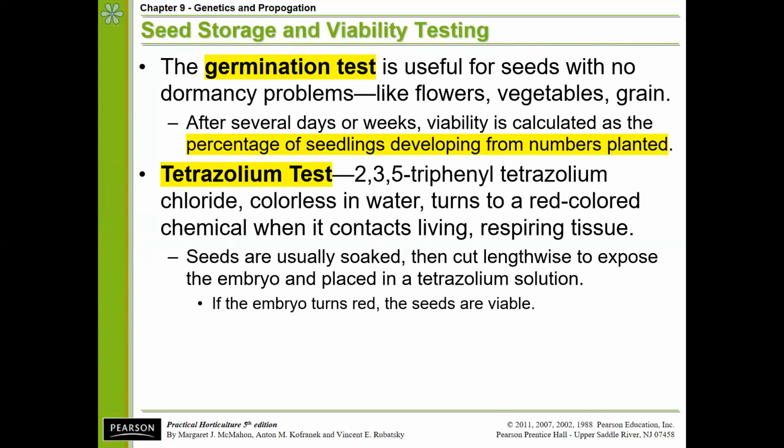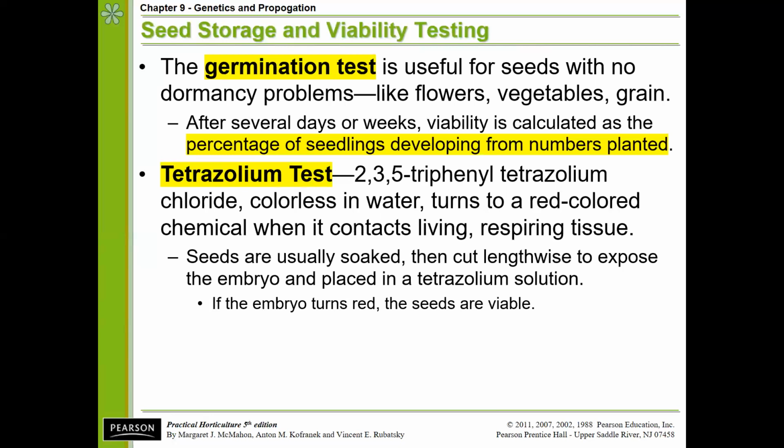There's also a tetrazolium test where we use this chemical that, when it touches respiring living tissue, will turn red. In order to do that, they will soak the seed, then cut it open to expose the embryo, place it in that tetrazolium solution, and then see if it's viable. Not super practical, though it's a way to get an idea, because you have to actually cut it in half in order to test that.